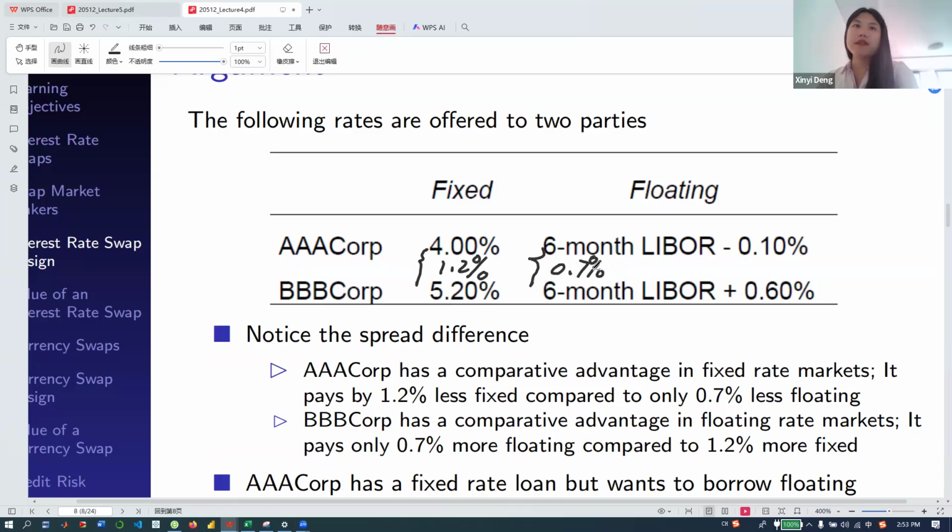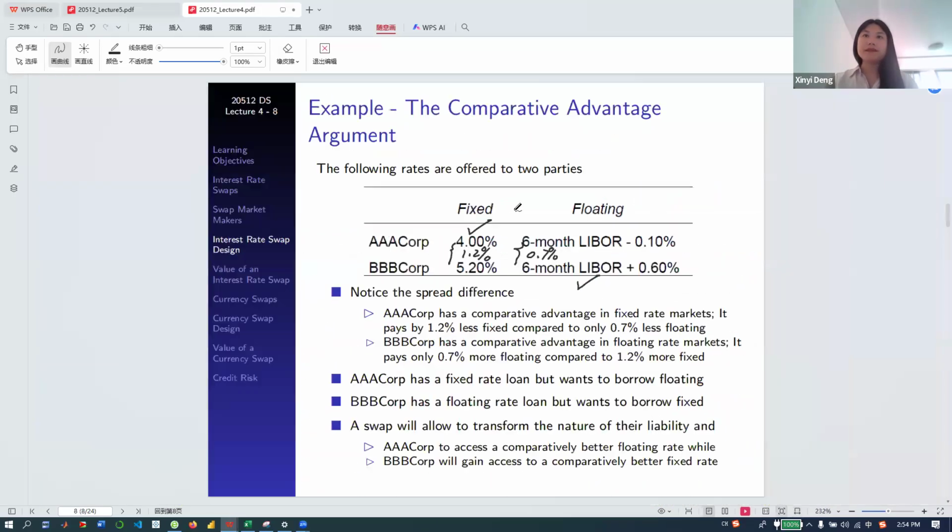Since the difference is smaller in the floating market, we say that BBB Corp has a comparative advantage in the floating market. And since the difference in the fixed market is larger, AAA Corp has a comparative advantage in the fixed rate market.